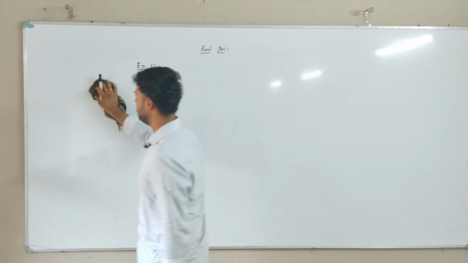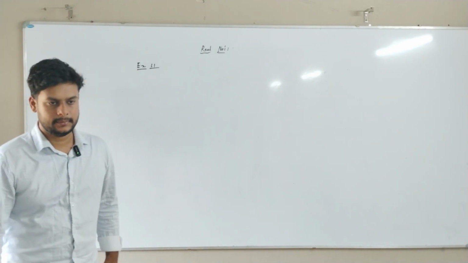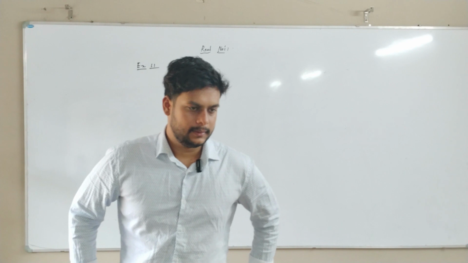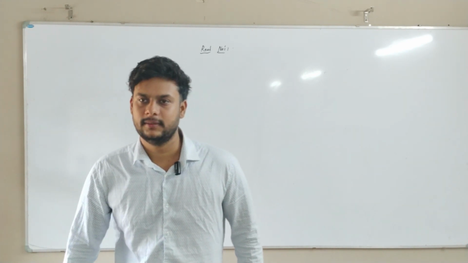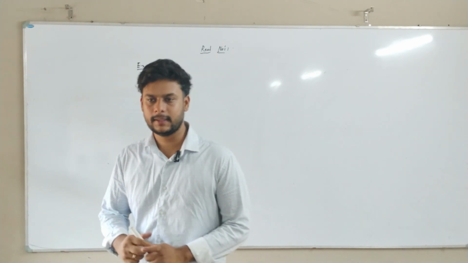Okay, now next one, a little bit we'll understand about one concept. What is a composite number? It has more than one factor, opposite to a prime number. A prime number has no other factors.